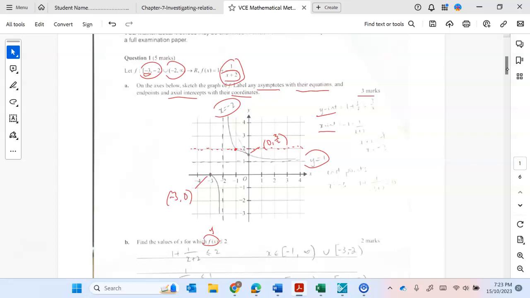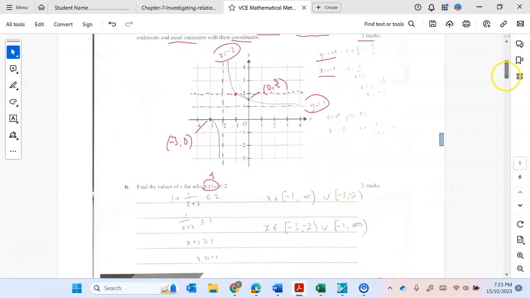I actually went back and sketched that again. So we're starting at x equals -1, and including all these values here, all the way to infinity. You can see that's what I've put here, -1 to infinity.